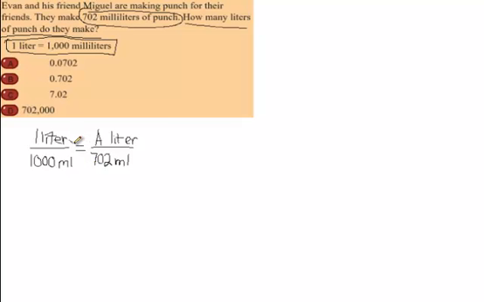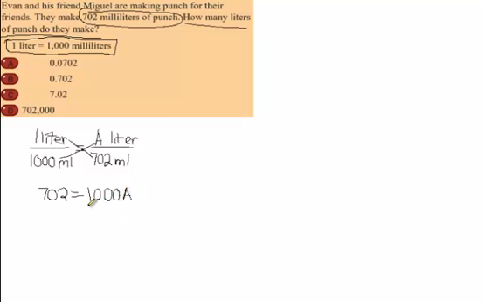Okay, cross multiplying. 1 times 702. That's simple enough. That's 702. 1,000 times A. 1,000 A. All right. We got to keep our unknown alone. We're solving for A. A is attached to 1,000 by an invisible multiplication sign.